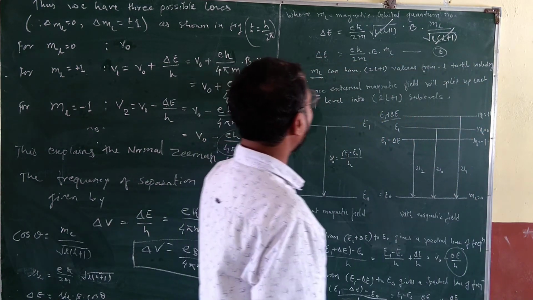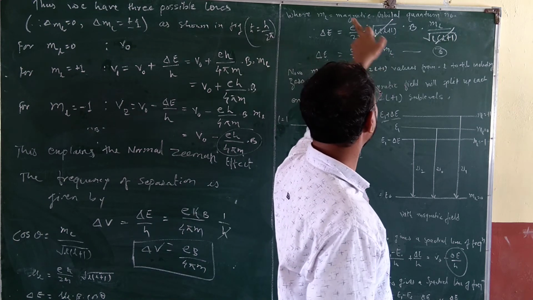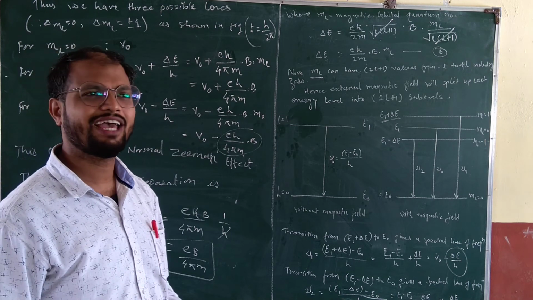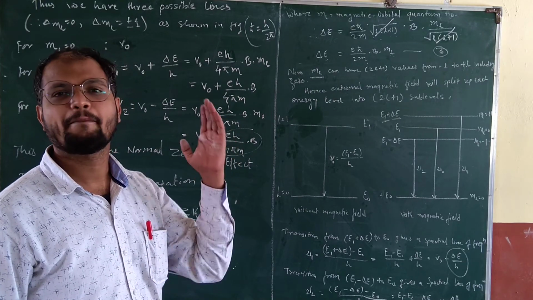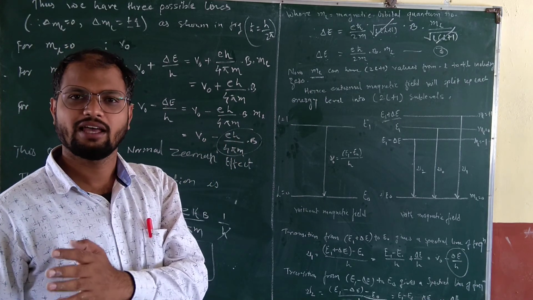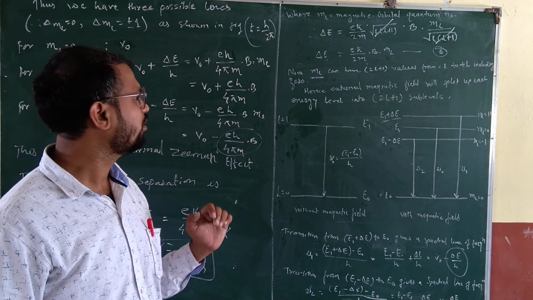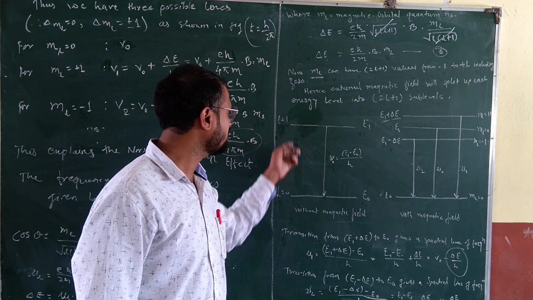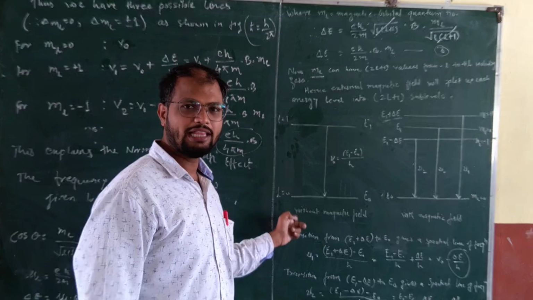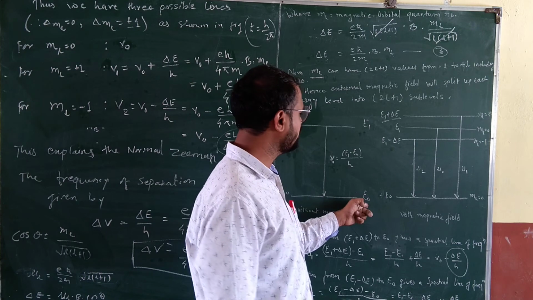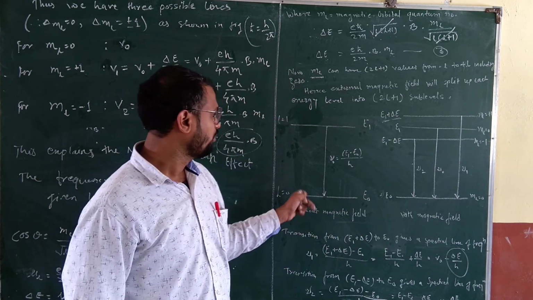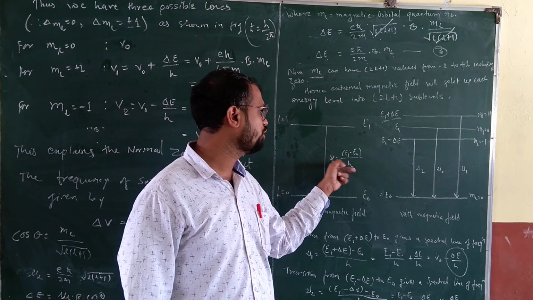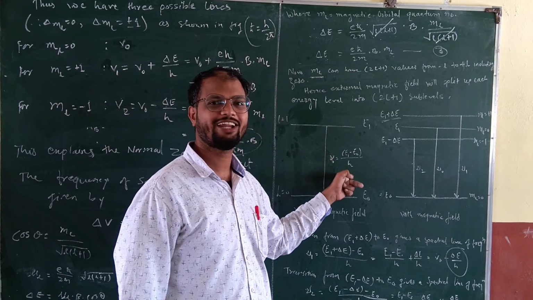Now, m l means what? That is the magnetic orbital quantum number, and it has twice l plus 1 values, from minus l to plus l including 0. So without a magnetic field, the transition from l equal 1 to l equal 0, that is energy E1 to E0, we get one spectral line of frequency nu 0 is equal to E1 minus E0 upon h.